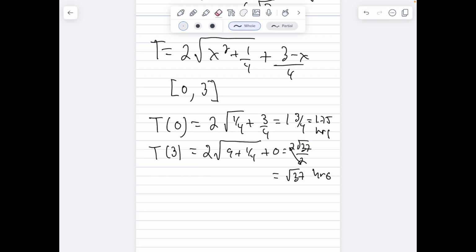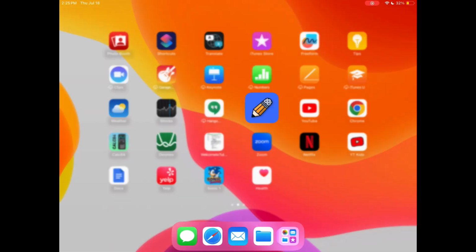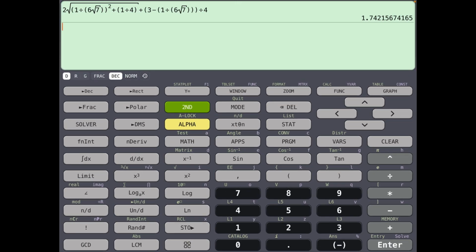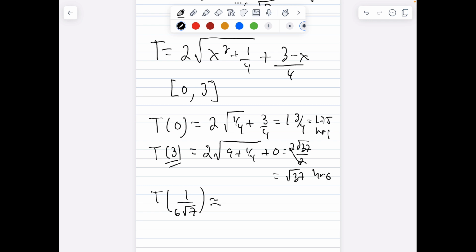And if you look at these numbers, put them into context, that makes sense because the T of 3 basically means that you swam all the way to the camp. You never walked, so it's going to take you some time to get there swimming. And then finally, 1/6 root 7, with the power of calculators here, gives us 1.742, or let me just say 1.74 hours approximately.